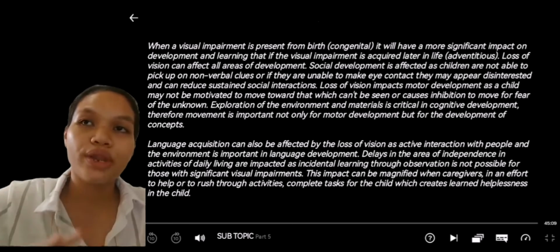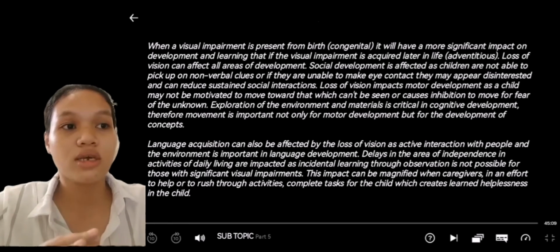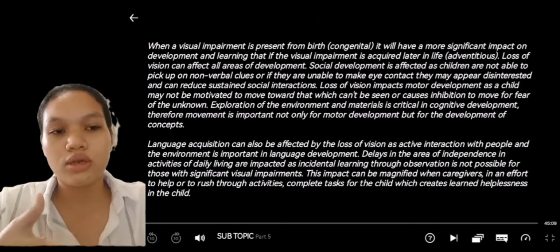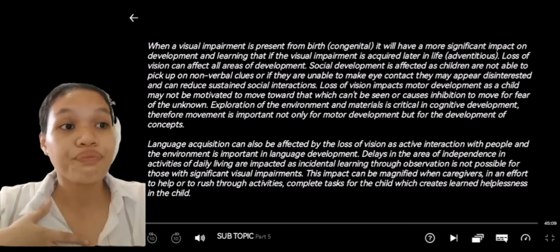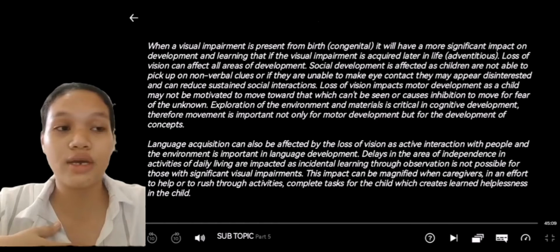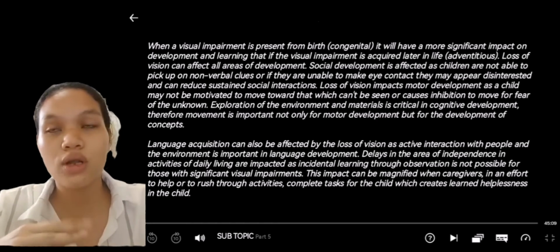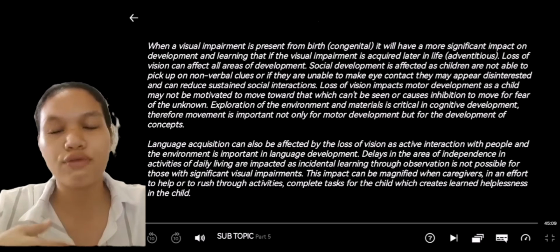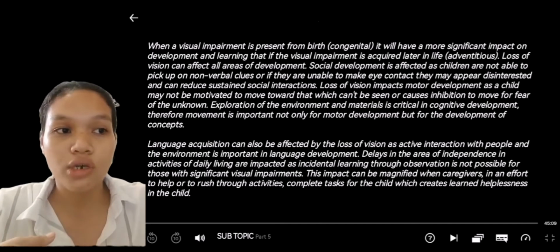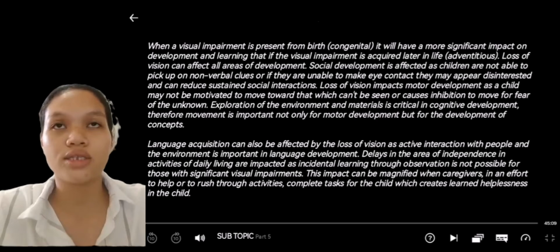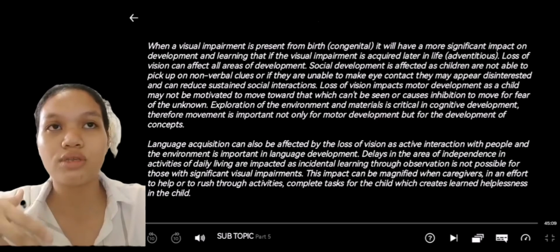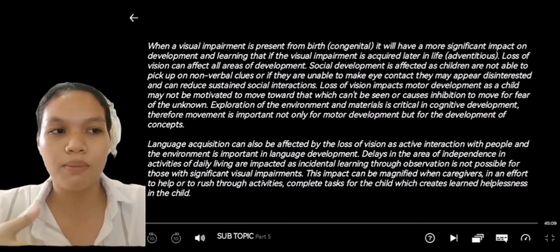So, when a visual impairment is present from birth, which we can call congenital, it will have a more significant impact on development and learning than if the visual impairment is acquired later in life. So, loss of vision can affect all areas of development. And one of those areas is social development.